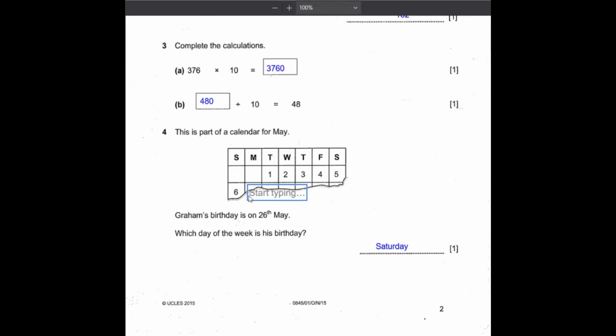Then you continue with the same idea, numbering them. This is 7, and then it's 8, 9, 10, 11, 12. You go down for sure.